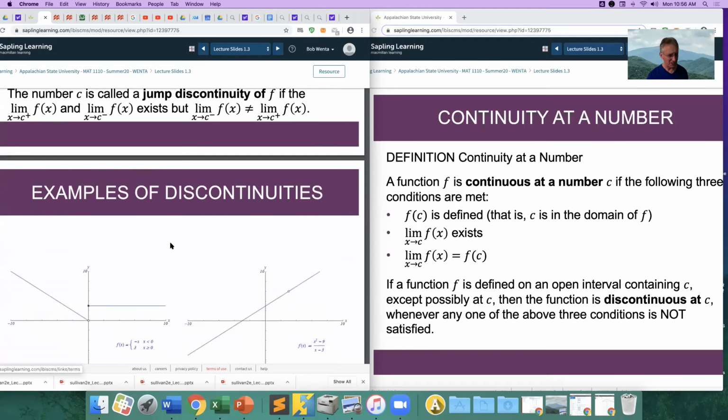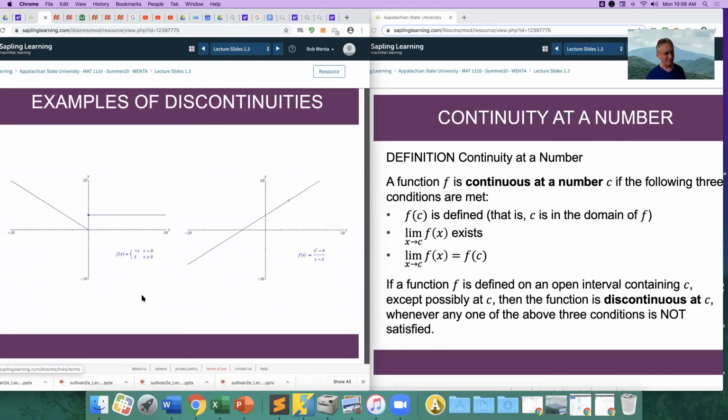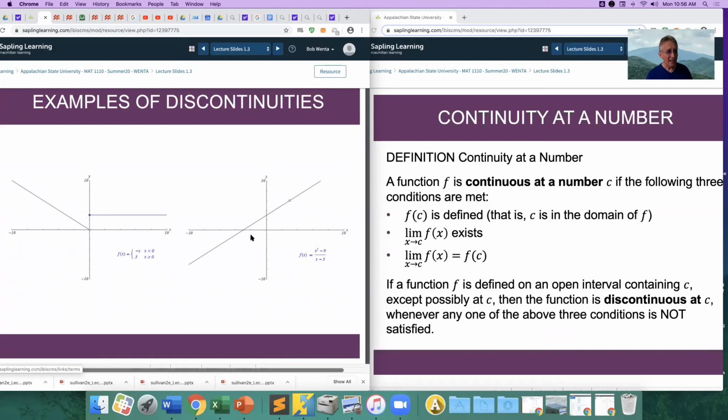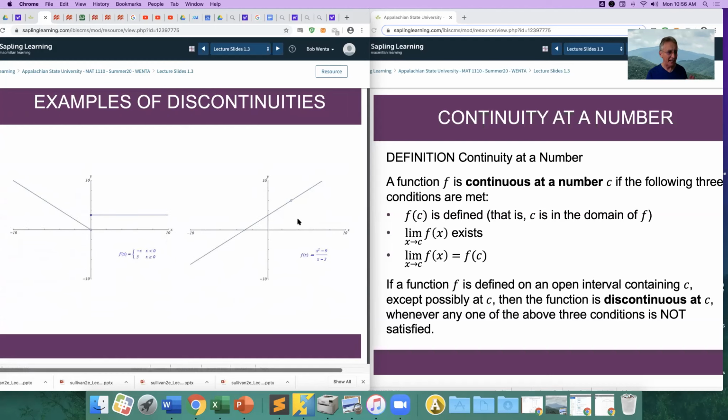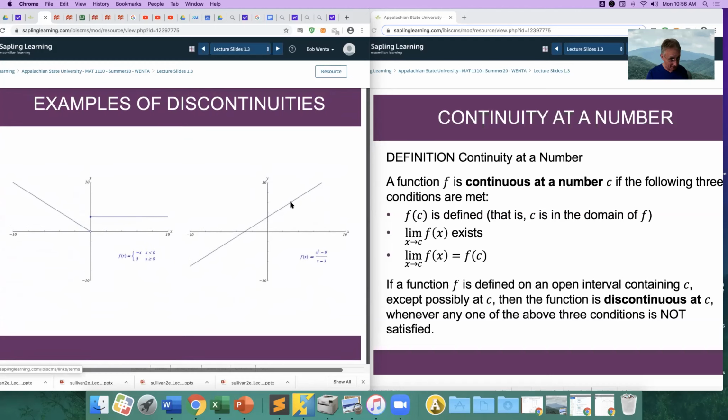So for instance, this situation right here has a removable discontinuity because if I define this function at x equals 3 to be the value that fills that hole, it's no longer a discontinuity, okay? If I said f of x equals 6 at x equals 3, then it's continuous.